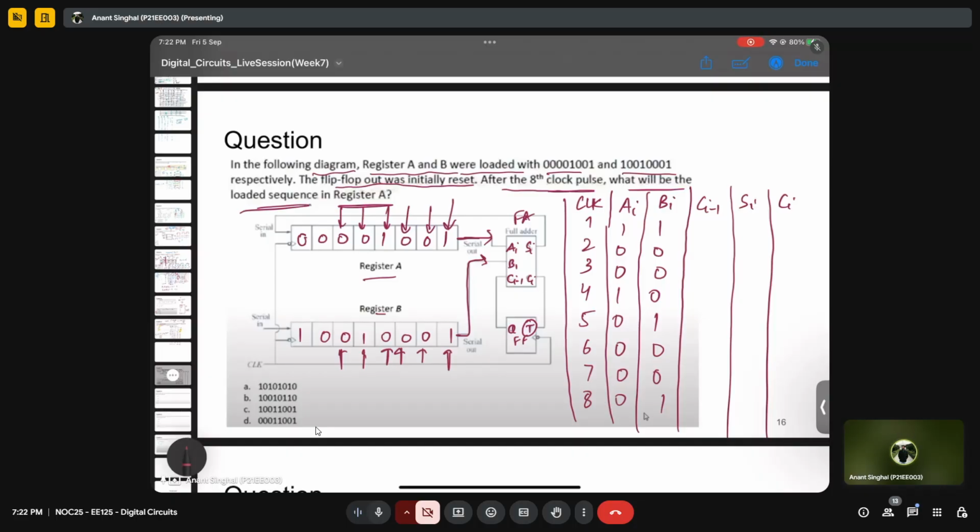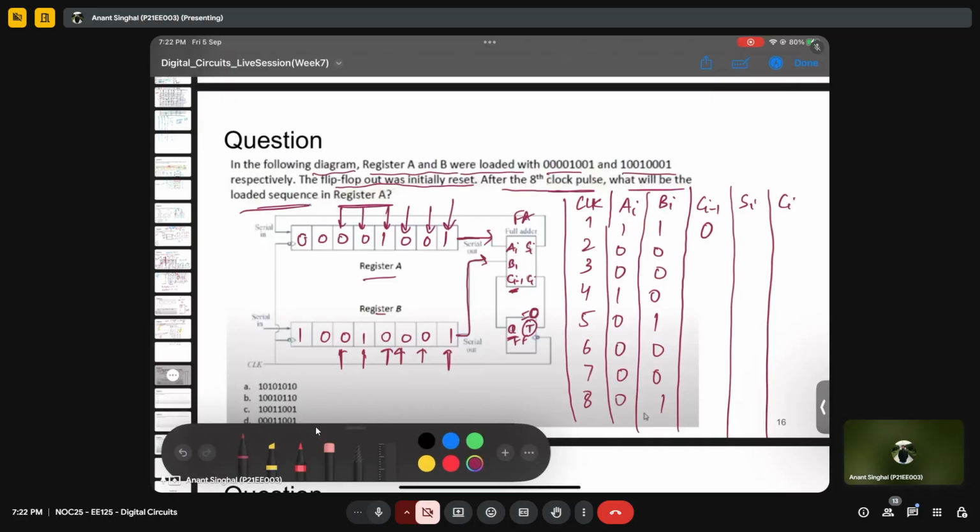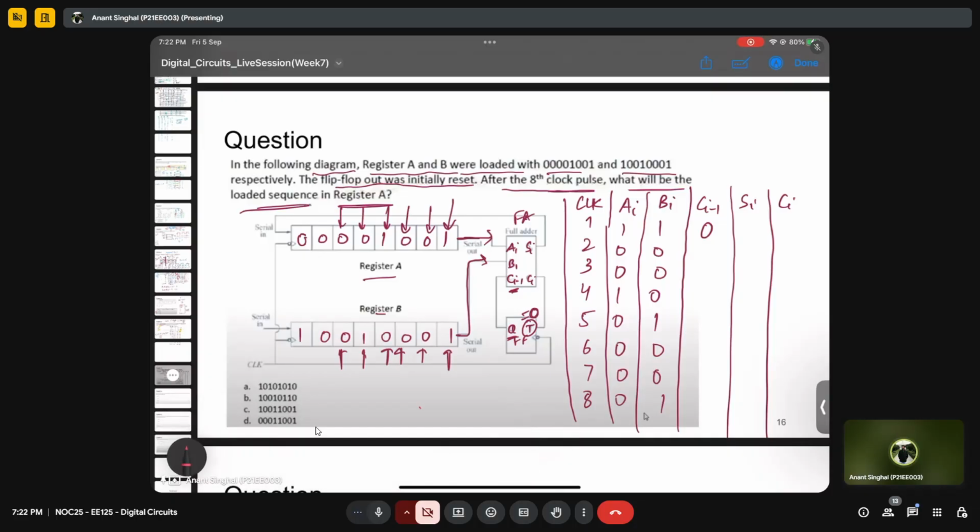Now it says clearly the flip-flop is initially reset. That means this Q or Ci minus 1 is 0 initially. So what will be the sum and carry of the first one? Can anyone tell? Anyone?